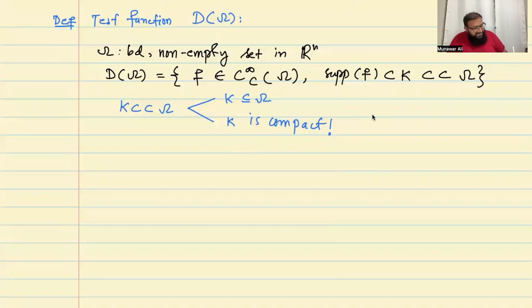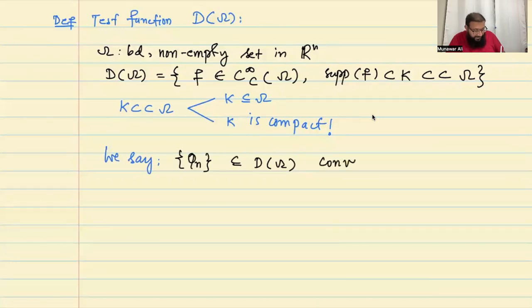So we say that a sequence phi_n, which belongs to this D of omega, converges to, let's say, some phi, if certain conditions are satisfied.